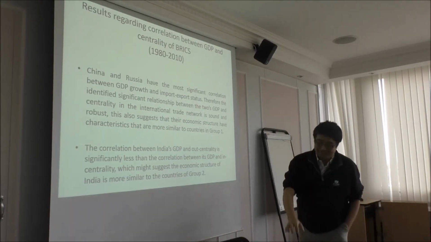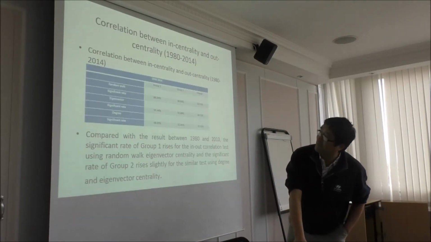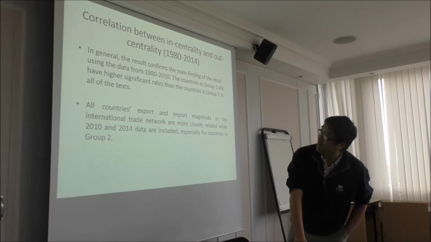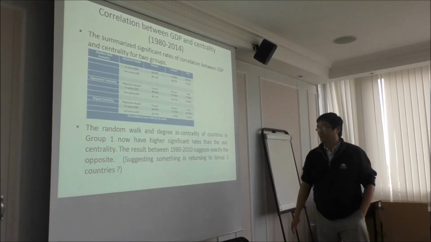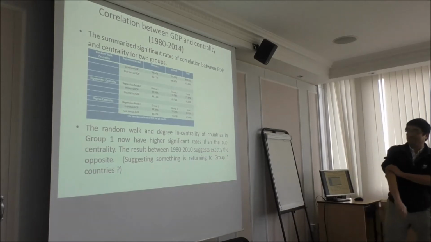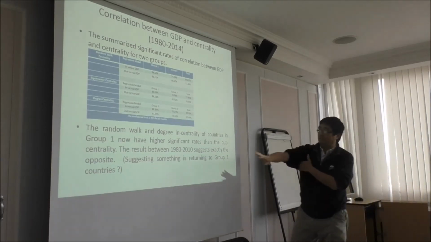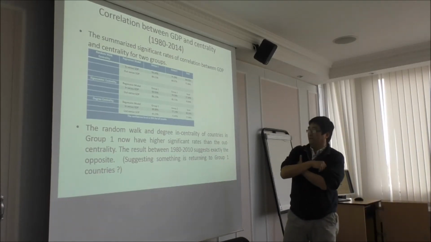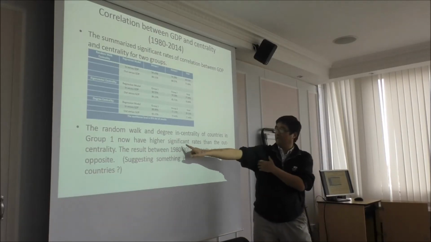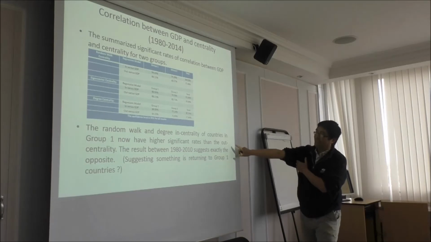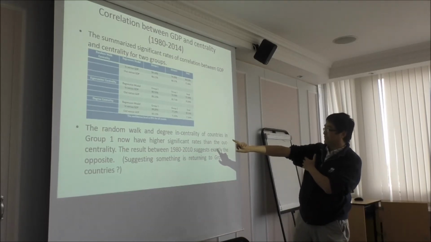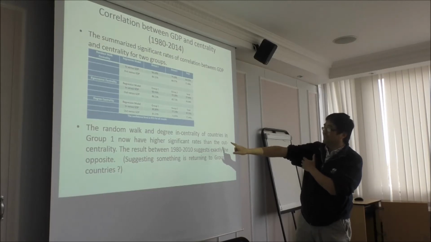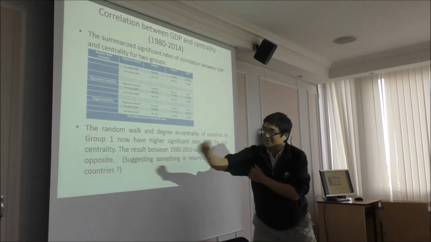But there's another interesting thing which might be linked with the Brexit vote and Trump being elected as president. If we look at the random walk and the in-degree centrality of countries in Group 1, they have begun to show a more significant link with GDP than the out centrality.